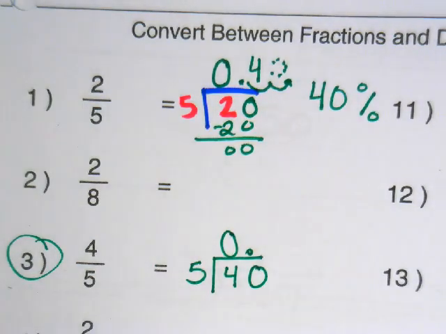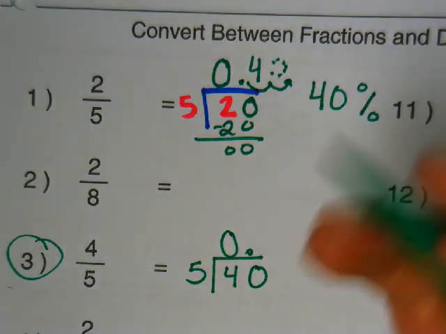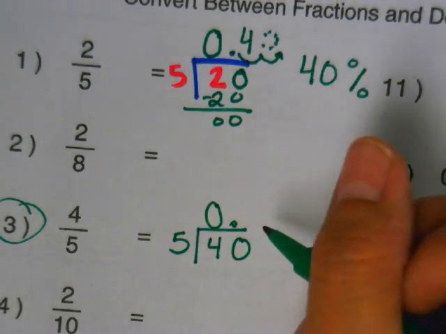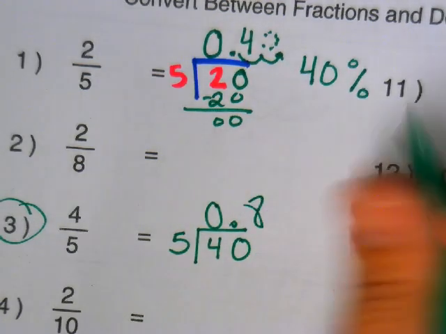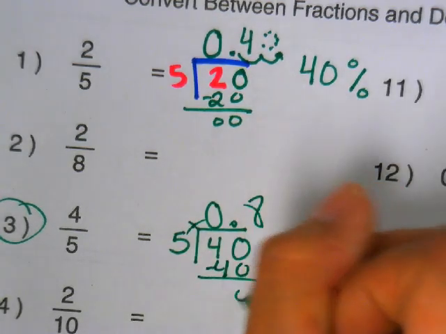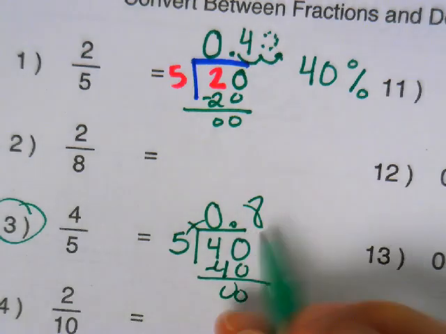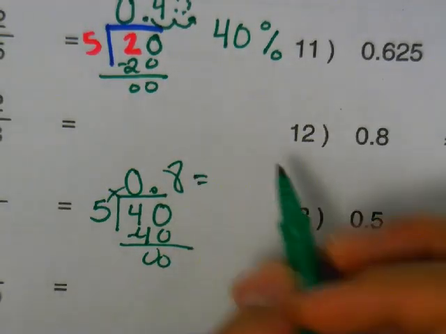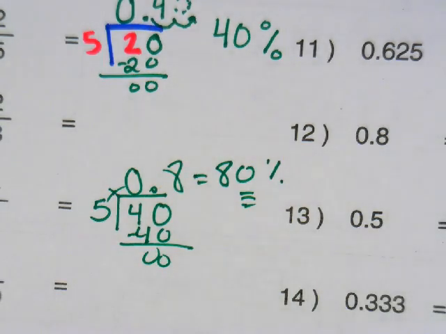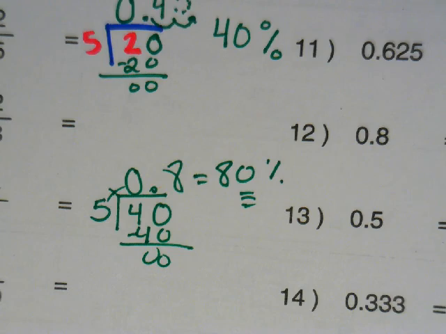How many times is 5 going into 40? 8. 8 times 5, 40. Okay. 0.8 would be what percent? 80%. Okay? Keep going.